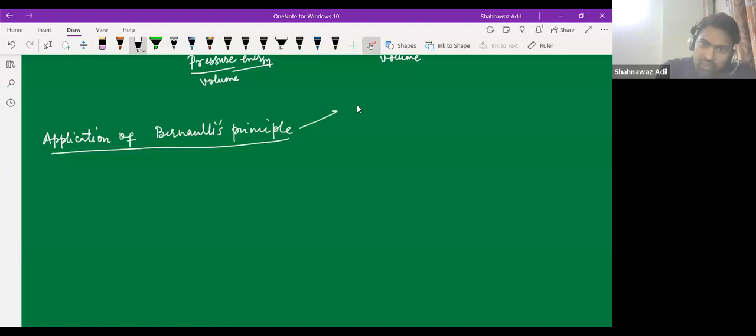One is Torricelli's law, which gives us the speed of efflux, and the other one is Venturi.